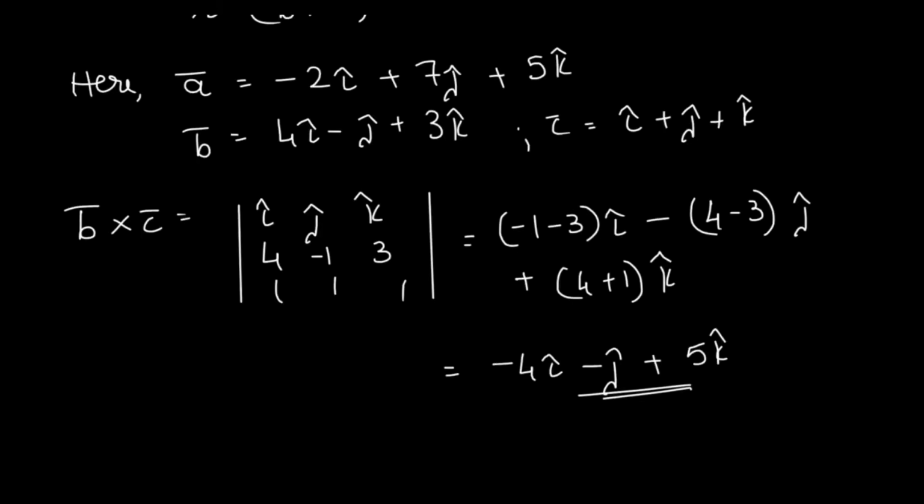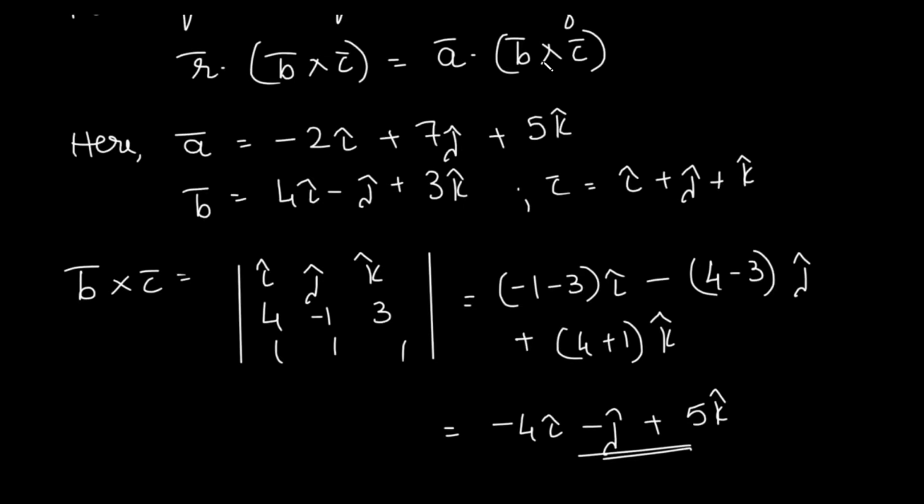Also, in the equation we require A dot B cross C. We can easily find this dot product because we know A and now we know B cross C as well.